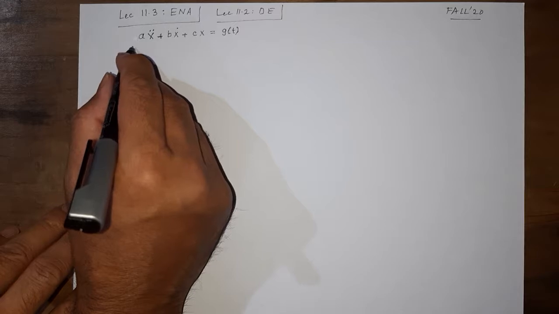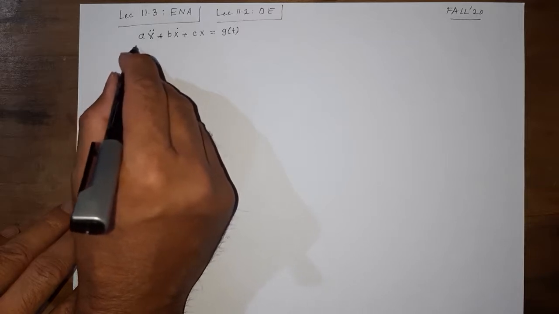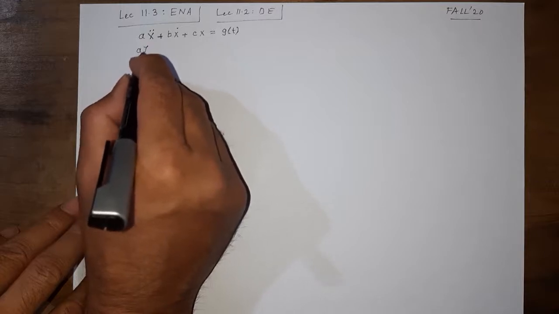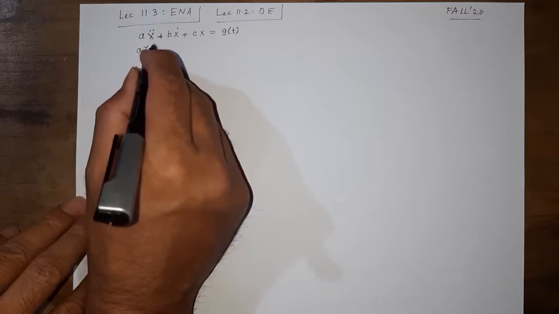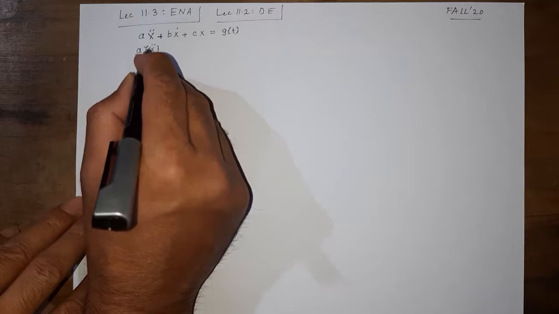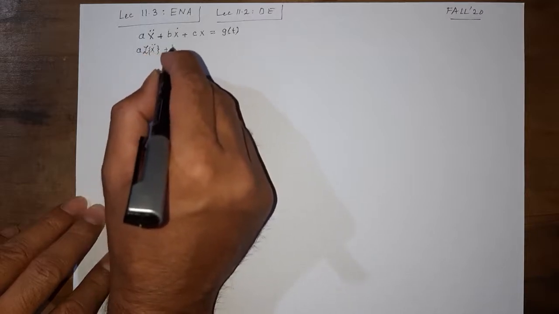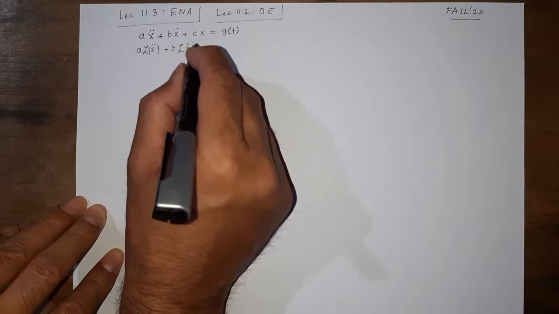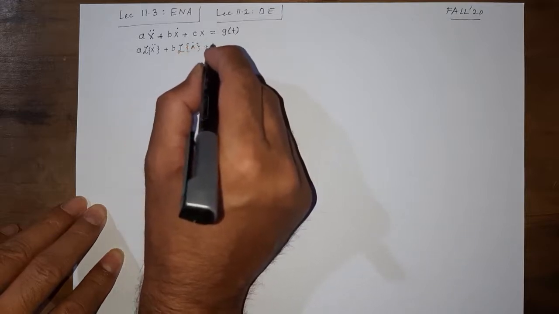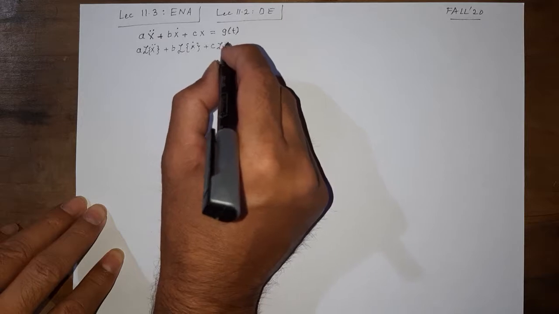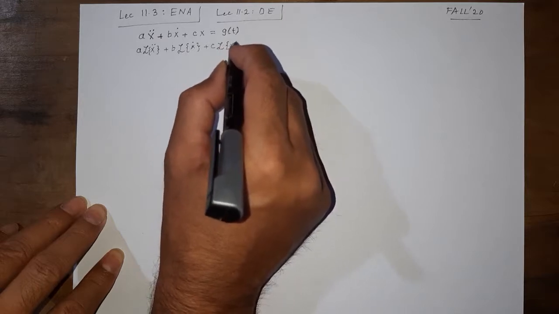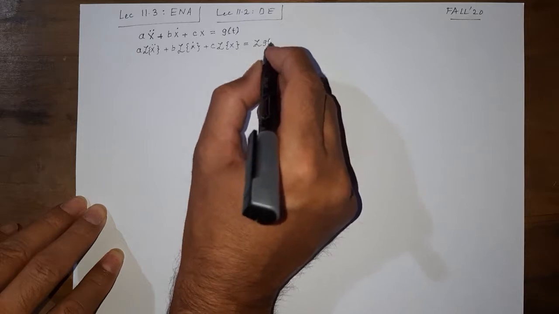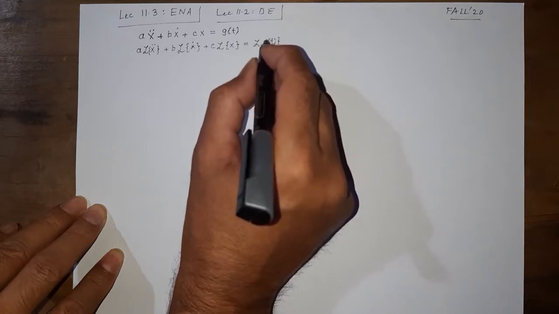We are going to take the Laplace transform of both the sides, and we know we are going to get the Laplace transform of the second derivative of x plus b, the Laplace transform of the first derivative of x, plus c, the Laplace transform of x, and the Laplace transform of g of t.